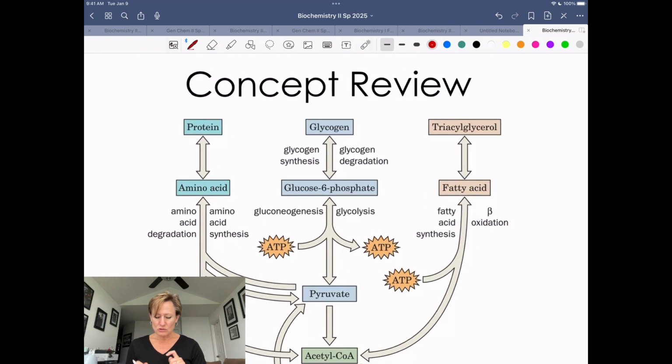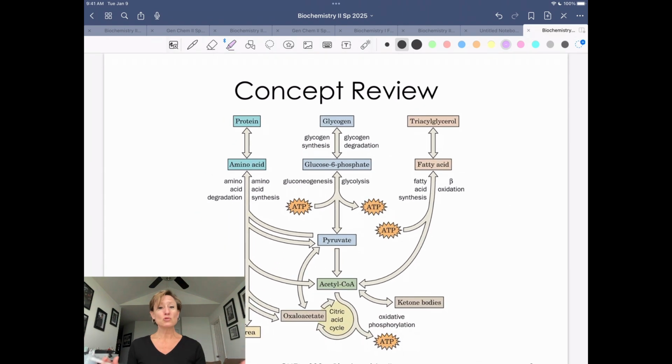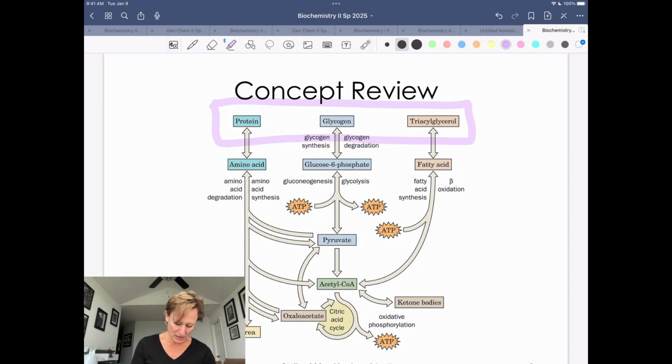Okay, so zooming in here, first we're going to talk about, if you think from a nutrition standpoint, remember, I teach this class very much from a nutrition, health, and disease standpoint. When we think about what nutritionists will call your macronutrients, that's what I've highlighted in purple here.